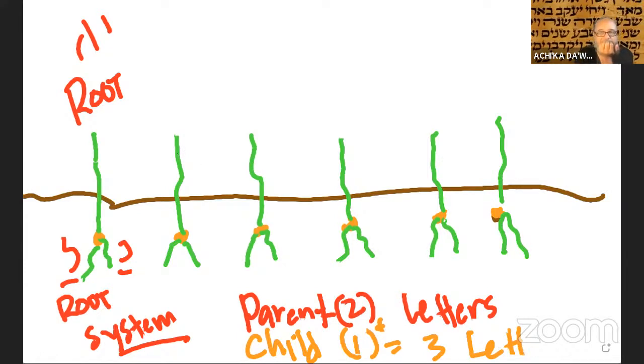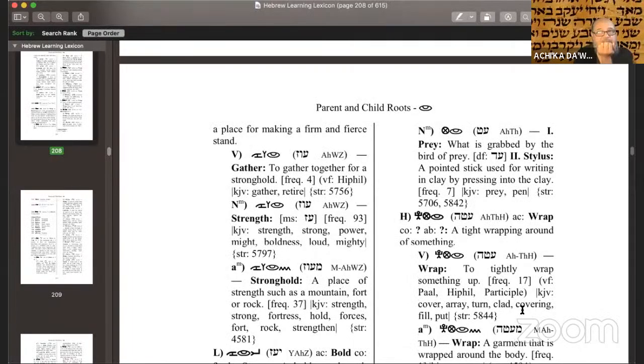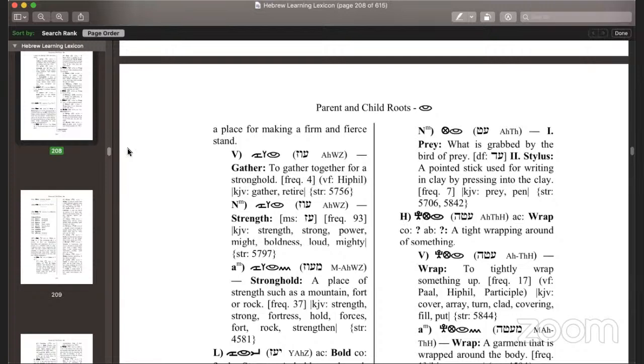Where's it at? Okay. Can you see my screen? Yes. All right, let me see. You can't see it now, huh? Let me see. Can you see my screen? Yes. All right, good. Now I'm going to show you.